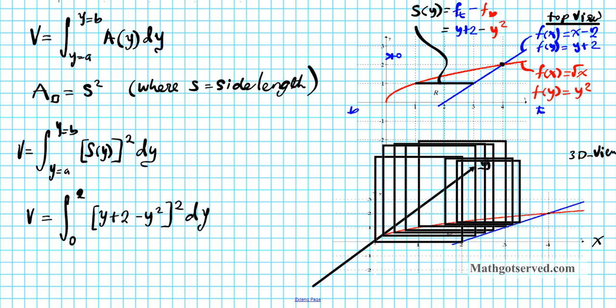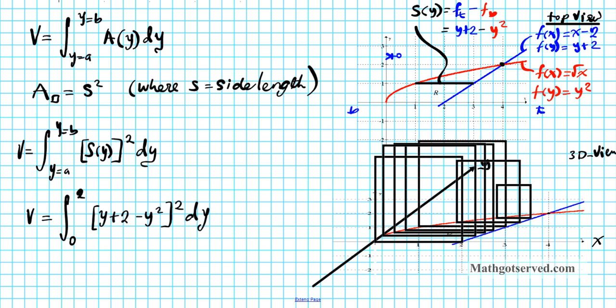Let's draw that one again. So you start from a square. Let me draw a few more at the back, just to give you an idea as to what the solid looks like. Okay, so it just goes up like that and then comes right back down. So this is what the solid kind of looks like.